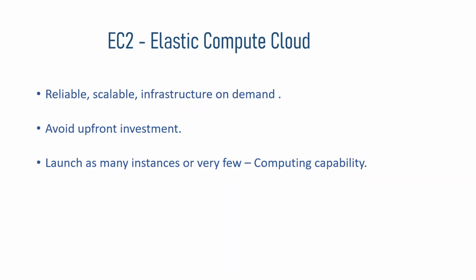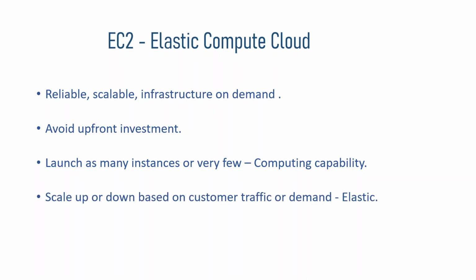If you want an additional replica of the same instance, you can replicate it and increase the computing capability. Then based on the demand, traffic, or customer need, you can scale up or scale down. So that is the elastic, and it is available over the network. So that is the cloud.